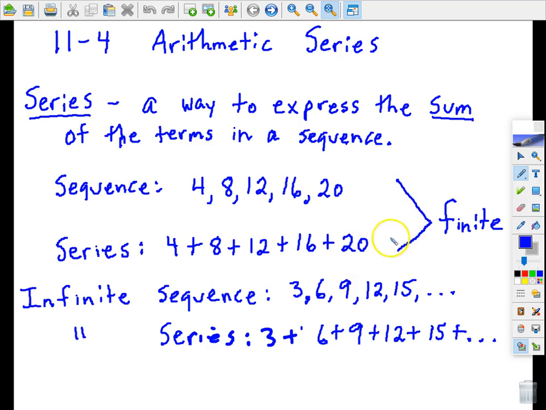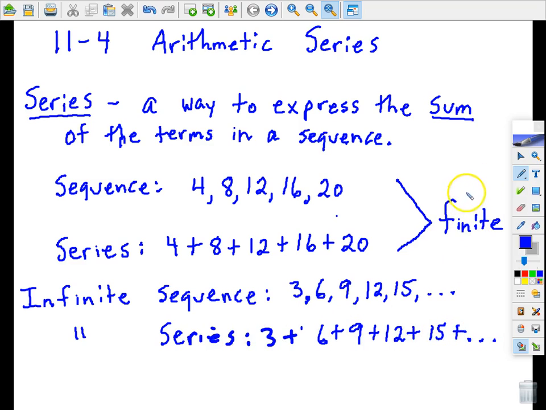As you can see, there are really two types. This is a finite series. Finite just means it ends. You can see that we have a definite ending term, so we will be able to find the sum of these finite series. But if the sequence or the series is infinite, as you can see here, there's no way that we could ever get to a point where we could find the sum of this particular series.